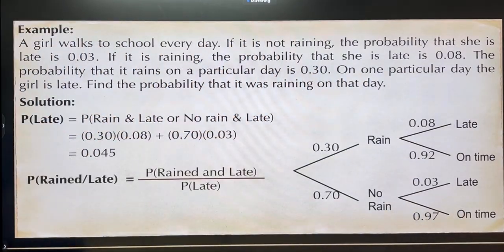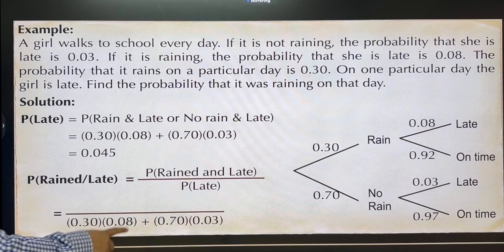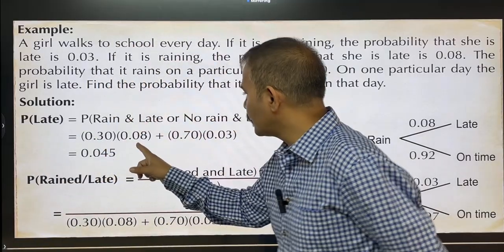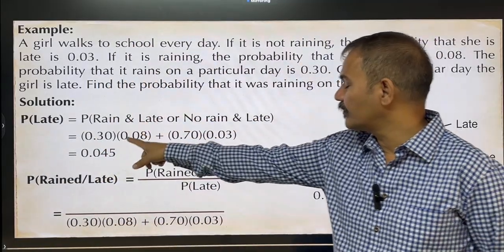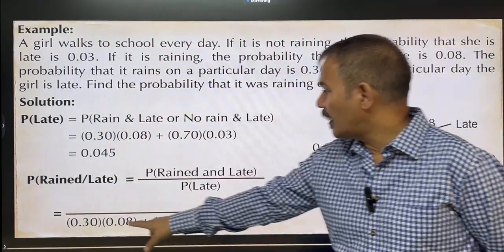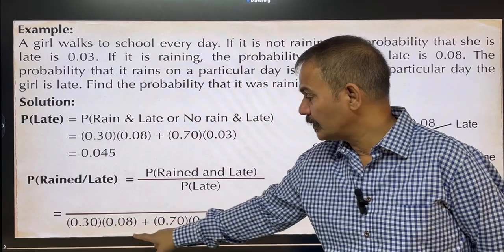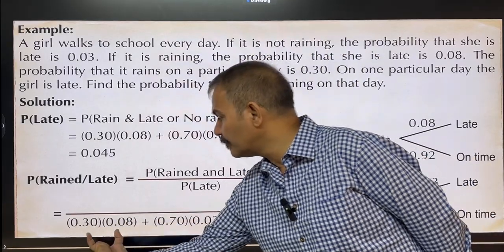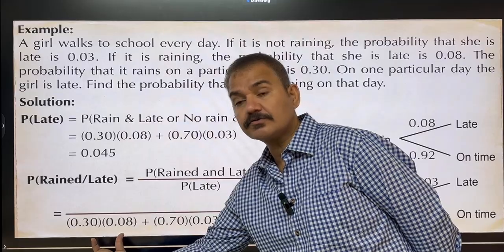Basically we are finding the probability that it rained and then she is late. She is late and rained. So this becomes probability of rain and late divided by probability of late. Probability of being late is 0.3, 0.8. This one we found in this part. Now out here, this part shows that it was raining.